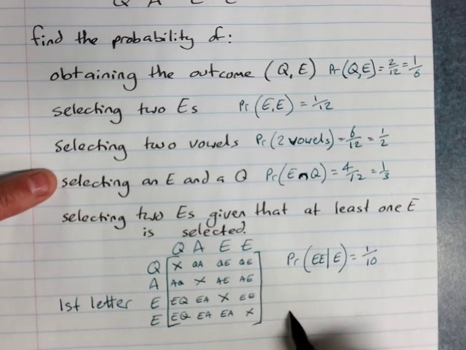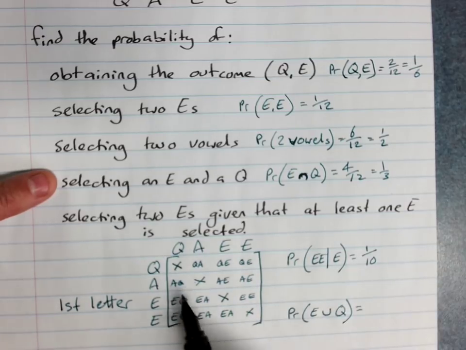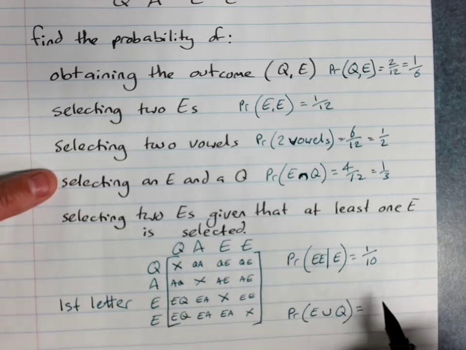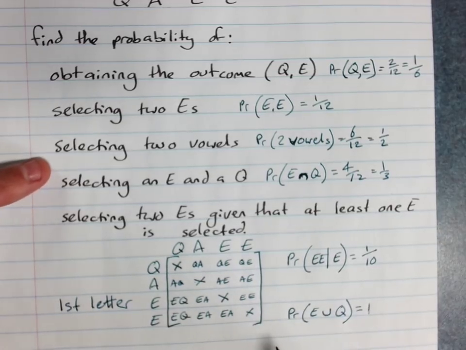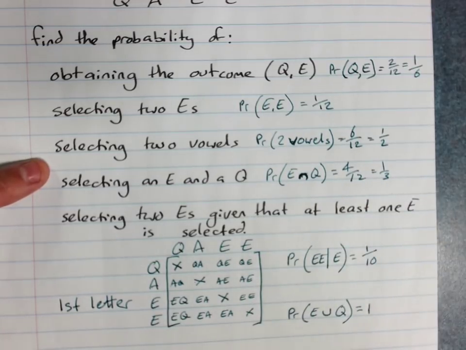But if I'd asked for the probability of E or Q, you're using the union, and that is anything with an E or a Q is going to be fine. And that's like everything. There's nothing there that doesn't have an E or a Q, so it's 1. So be careful with the language and or, and using the appropriate notation is always a good idea.